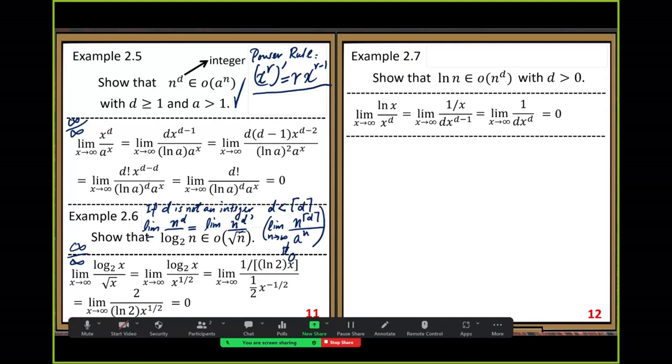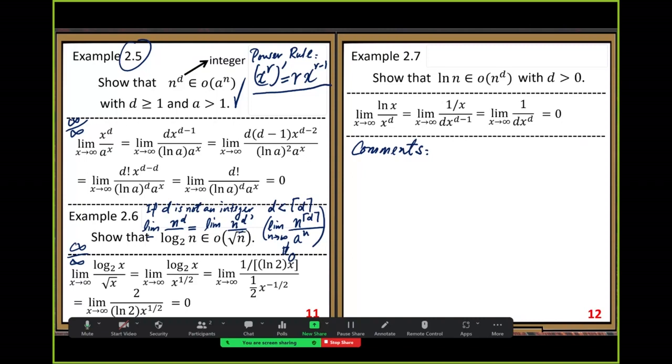So here, let me give you some comments. First, regarding example 2.5, the exponent d could be very large, right? We only need it positive.